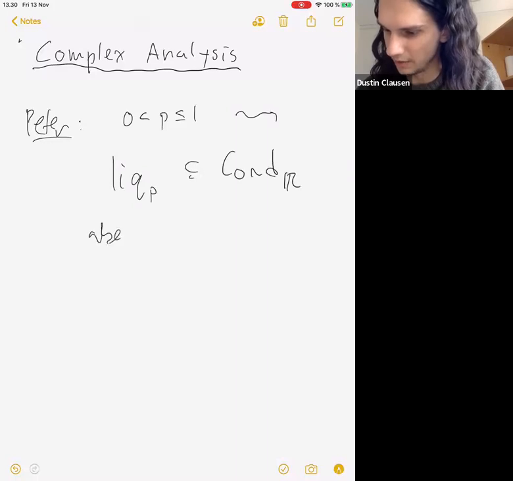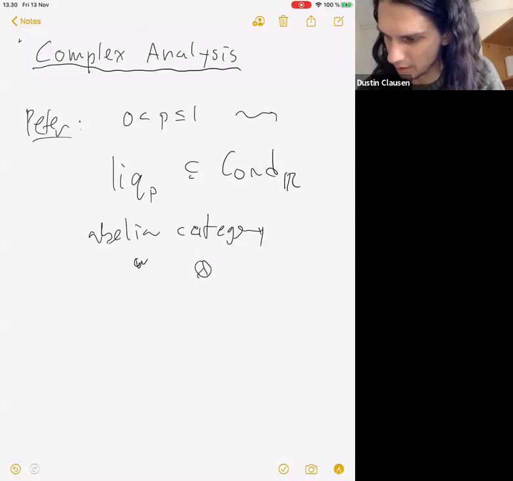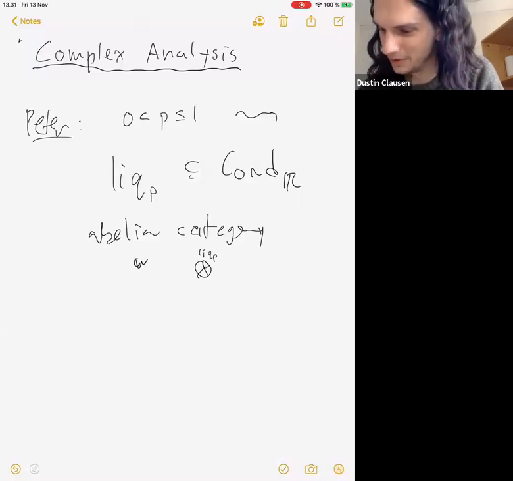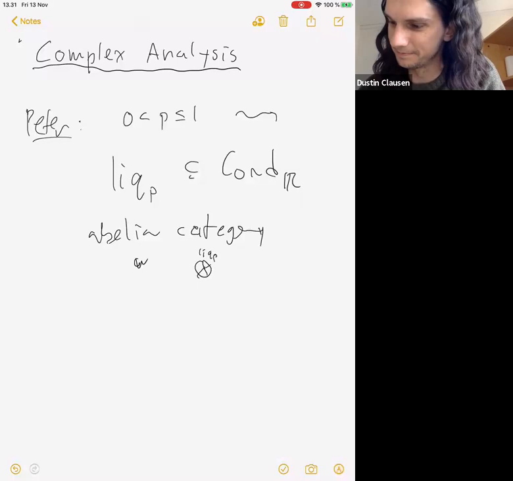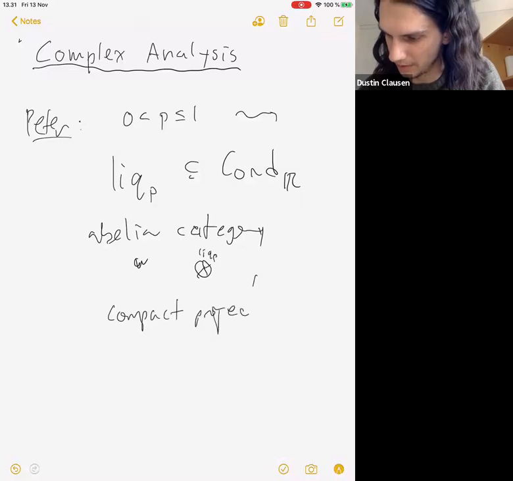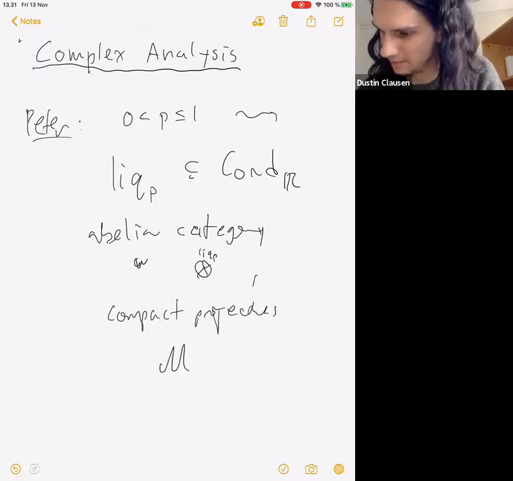It's an abelian category with nice tensor structure. I don't know if we have the best possible notation for this. Compact projectives, enough compact projectives given by these spaces of measures.